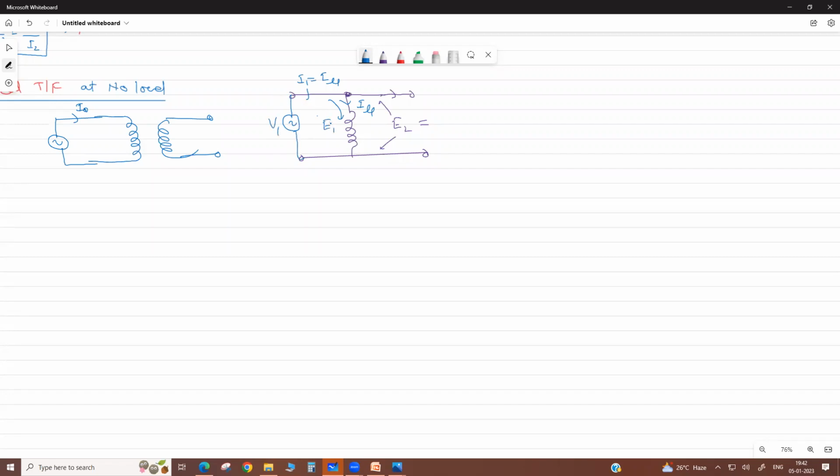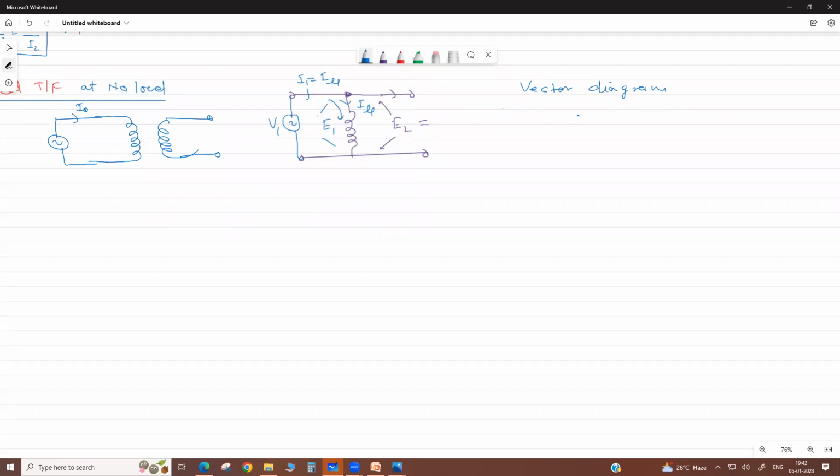After this there is an induced voltage E1. This is like a pure inductor. So now let us draw the vector diagram, the phasor diagram. It is very important.